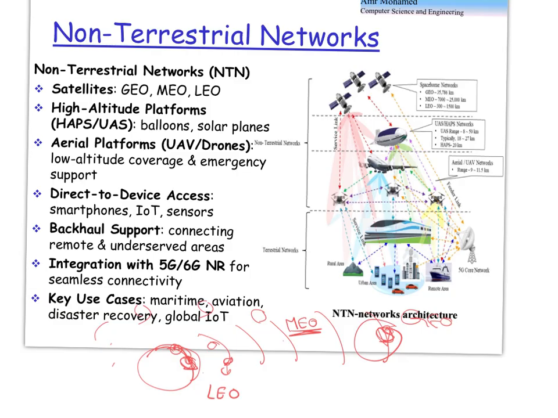Okay, so incorporating all these technologies together, they can really increase the data rates very close to the normal infrastructure-based data transmission for 5G. And that's why it's becoming now a more vital technology again.